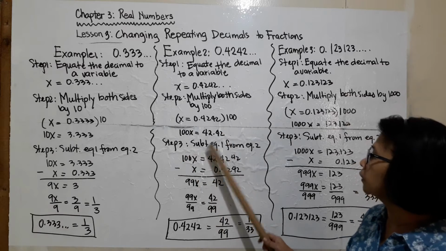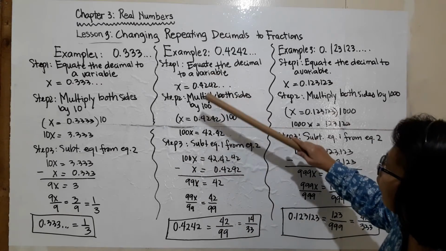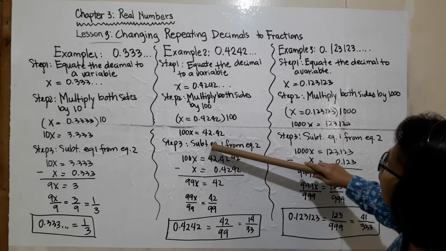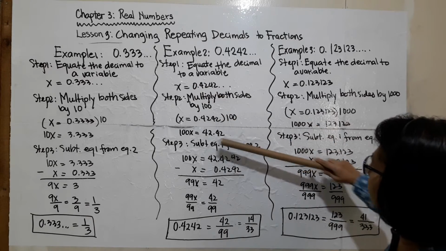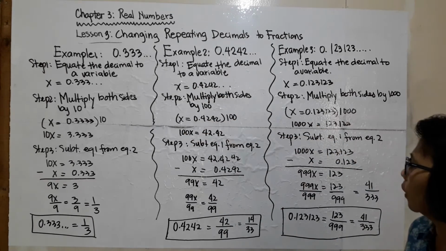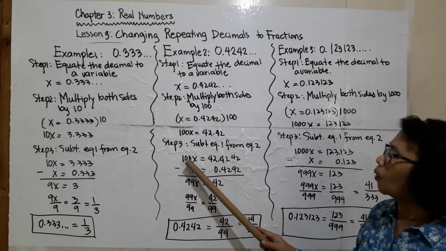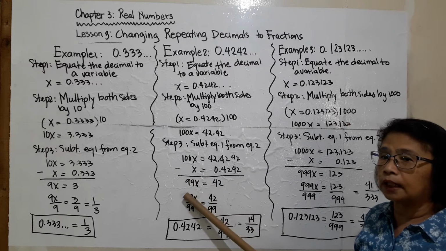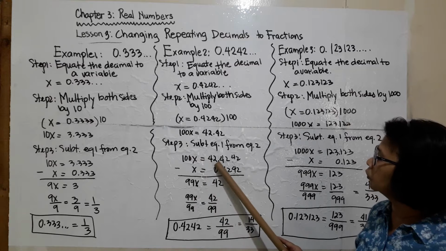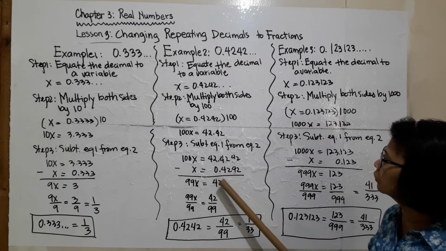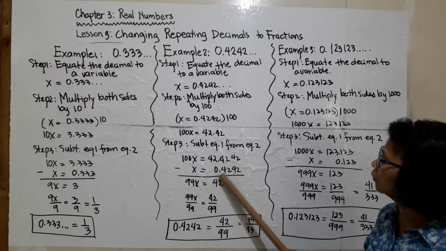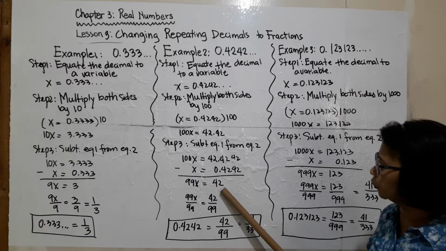Step 3, subtract equation 1 from equation 2. So you have now equation 1, equation 2, subtract. 100x minus x is 99x. 42.4242 minus 0.4242 equals 42.